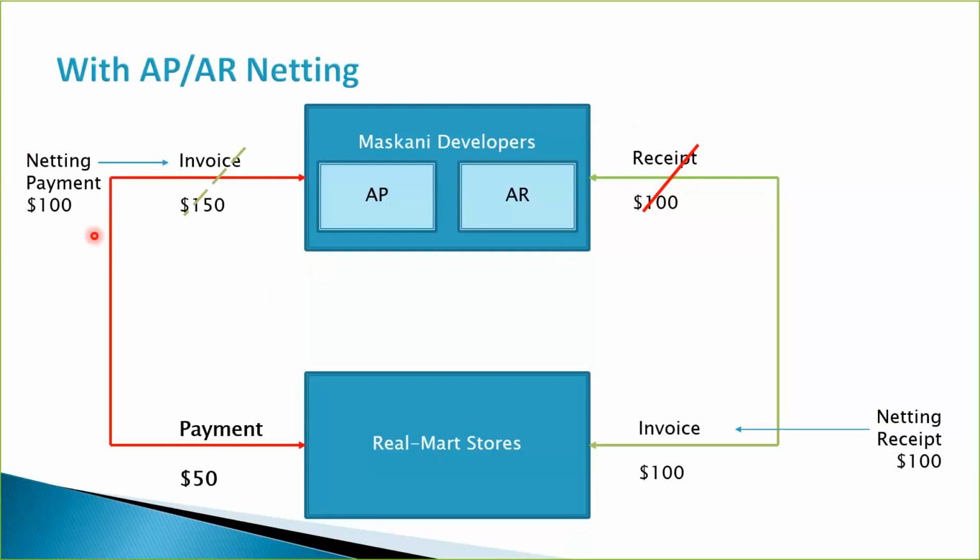Okay, so the bank account that is associated with the netting control account is also a dummy account.